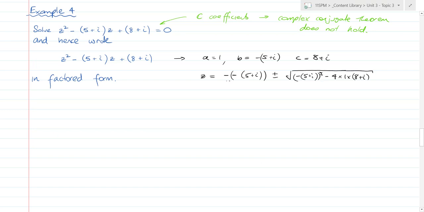This is going to potentially get a bit out of hand, but we'll see how we can do it. Negative (5 plus i) squared is the same as (5 plus i) squared, which gives me 25 plus 10i plus i squared. And then I've got negative 32 minus 4i from the expansion of the second bit.